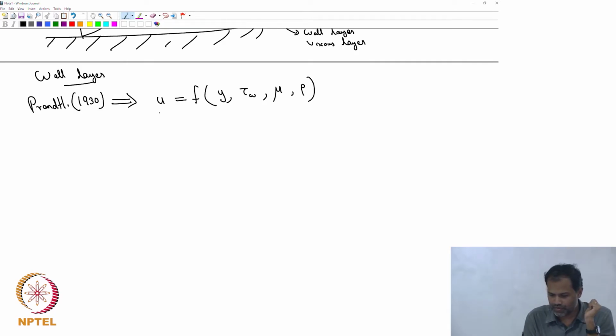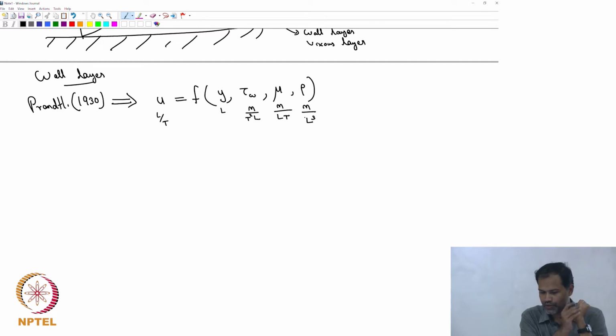So dimensions of u, L by T, y is length, tau w is newtons per meter square. So M by L T square. Viscosity is gram per centimeter second, M by L T.